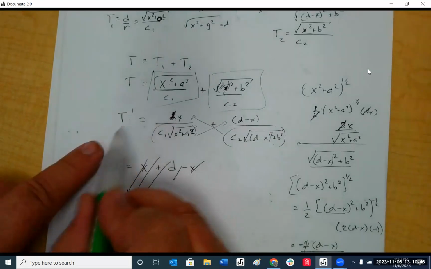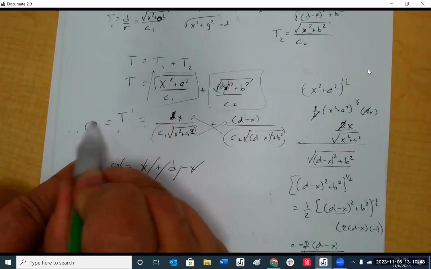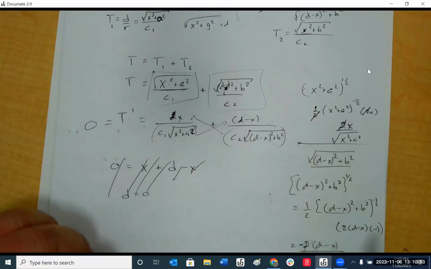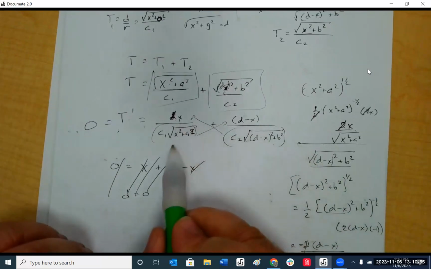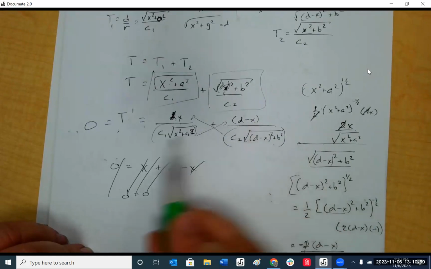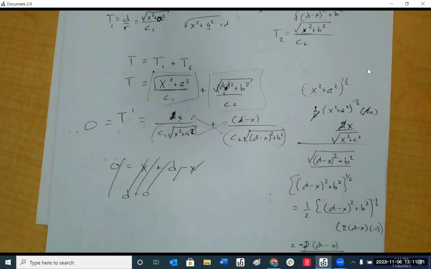Once we say that equals 0, the bottom all disappears because we multiply by the LCD and that gets rid of it. And we just have x times all of this, d minus x, equals all this. Holy smokes. I don't want to do that.